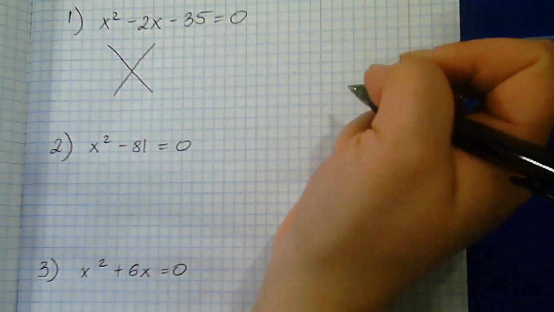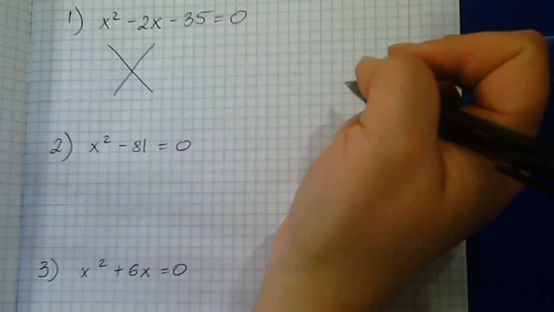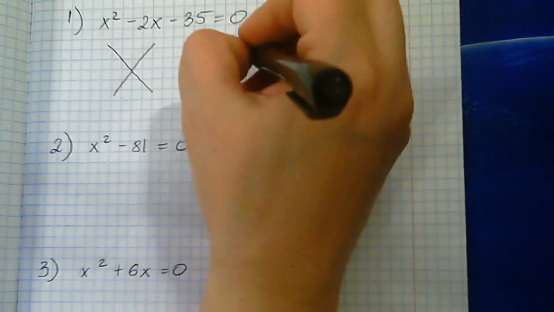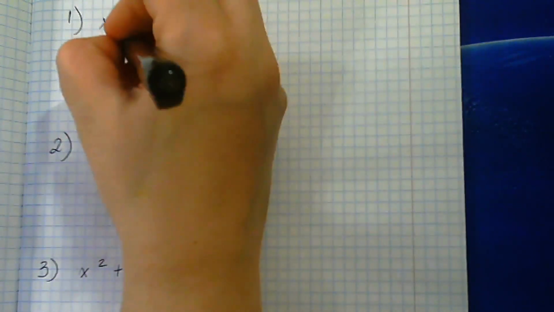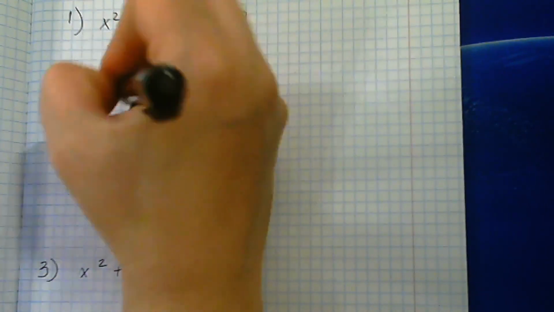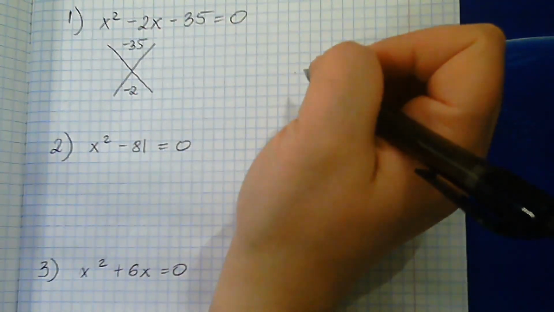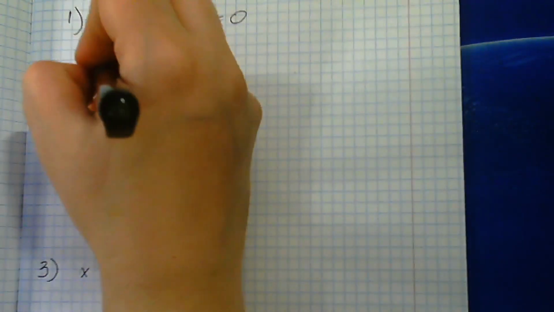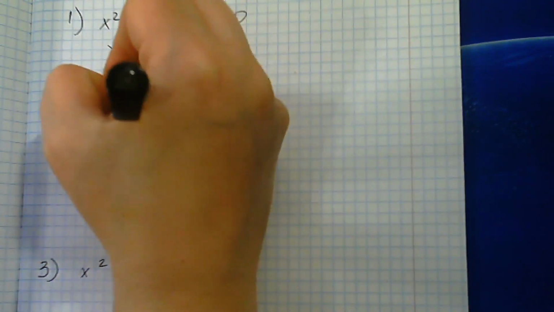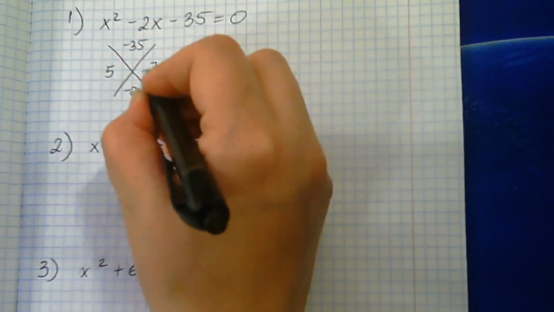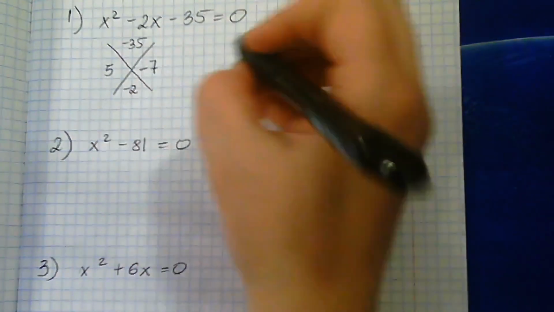Okay, so you should get negative 35 and negative 2. The two factors that multiply to negative 35 are 5 and 7, but because we need them to add up to negative 2, the 7 has to be negative, right?